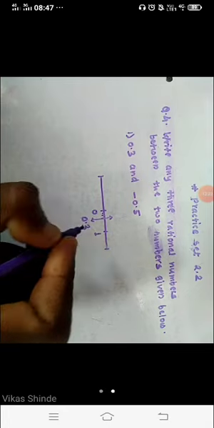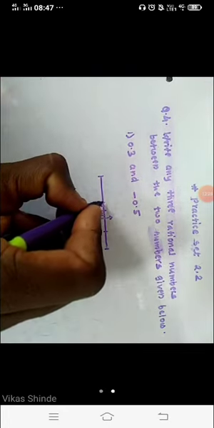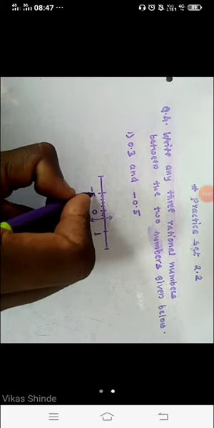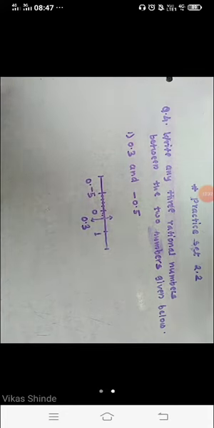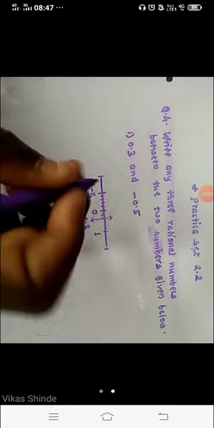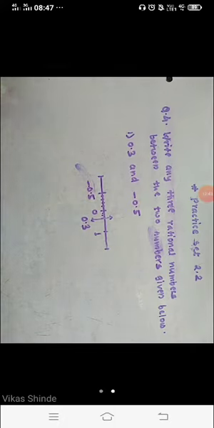Here is suppose 0.3. And on this side, minus, the fifth line, 1, 2, 3, 4, and 5. The fifth one. Here this is suppose minus 0.5. That fifth line means minus 0.5. Just a minute, student. Minus 0.5 here, and this is 0.3.